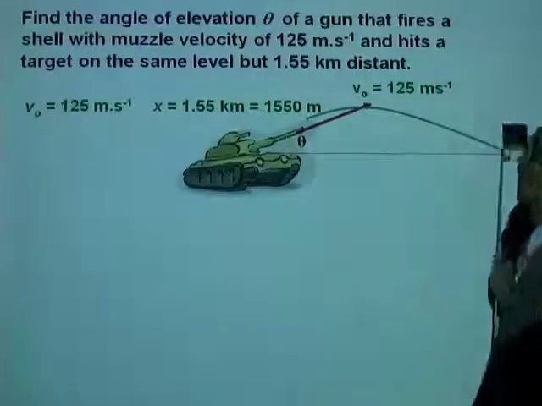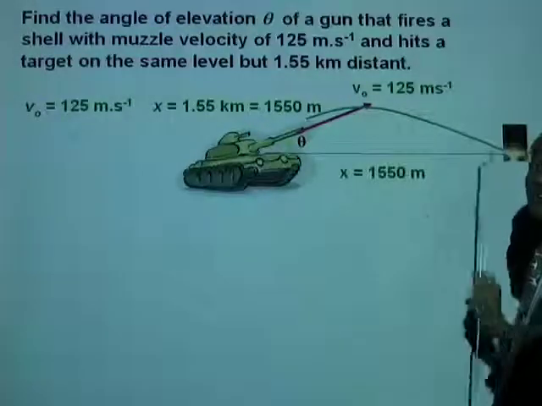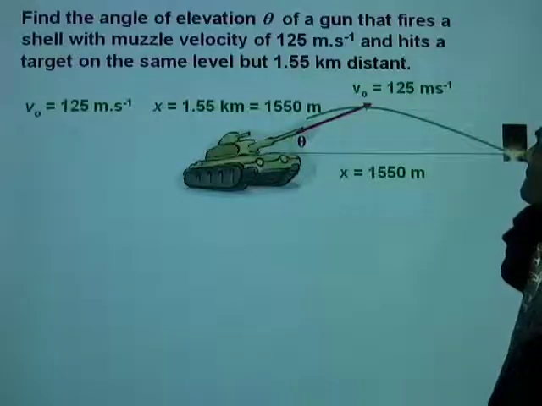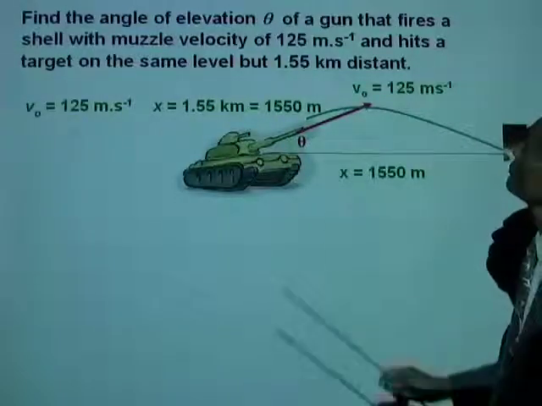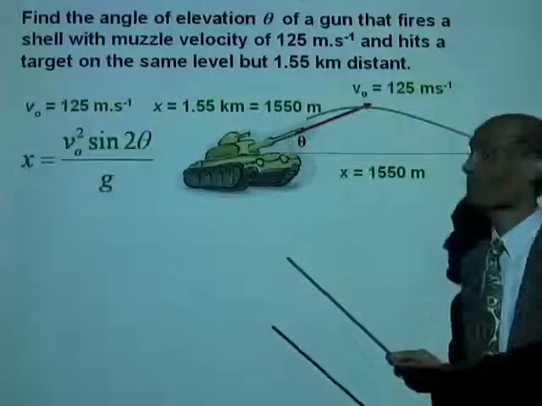The shell comes over here at a distance x equal to 1550 meter. Alright, how do we use these data to find the angle of projection?